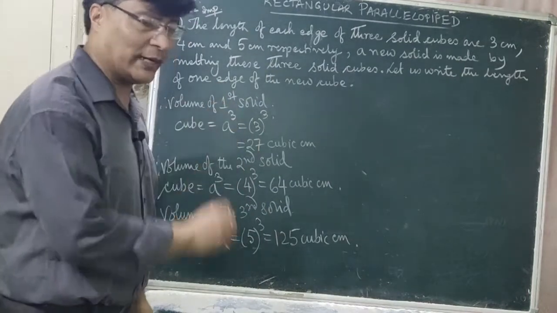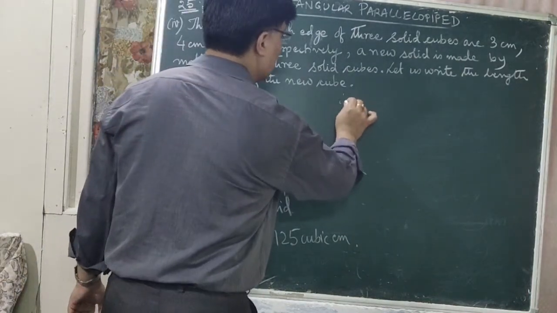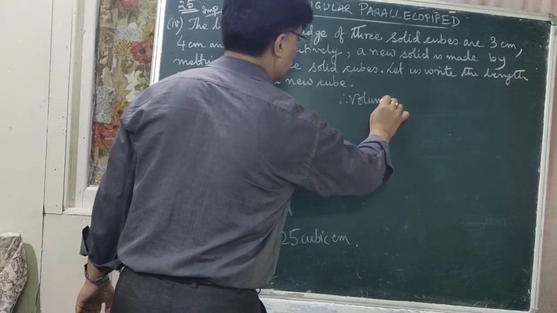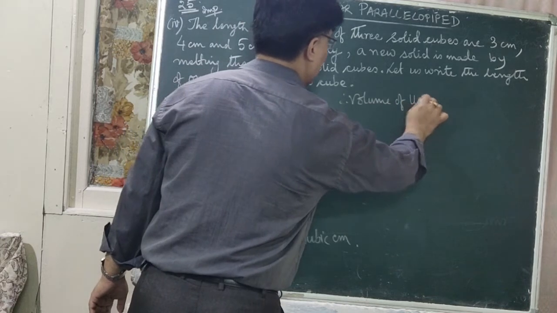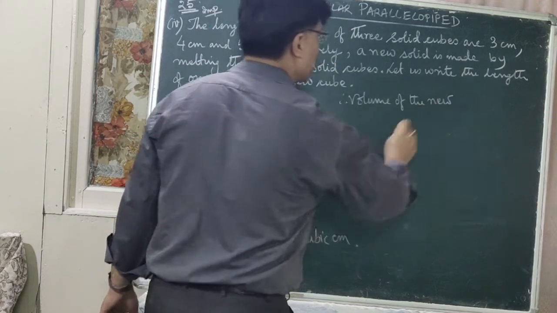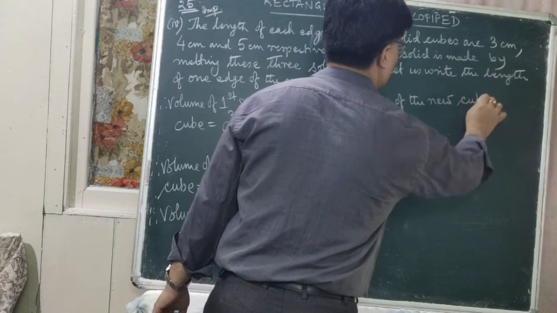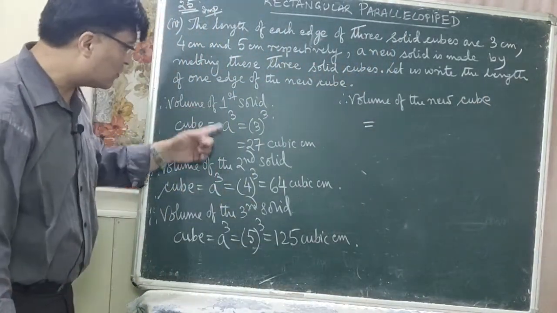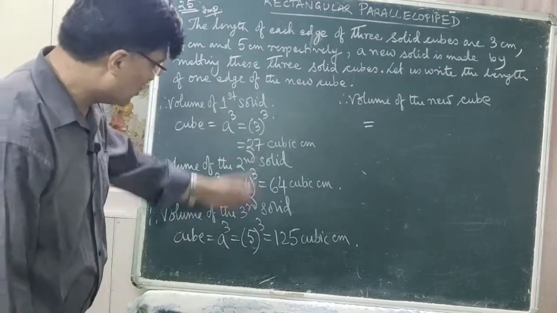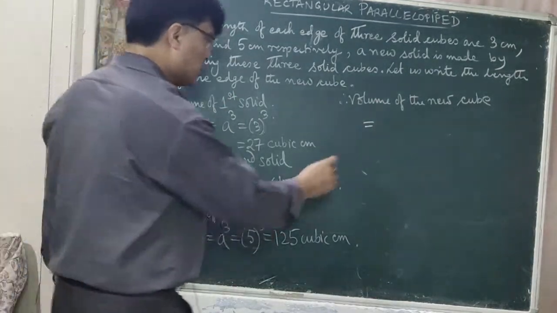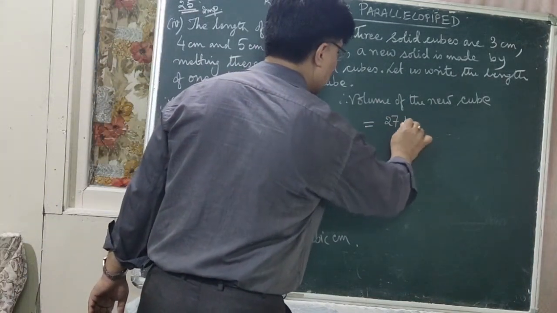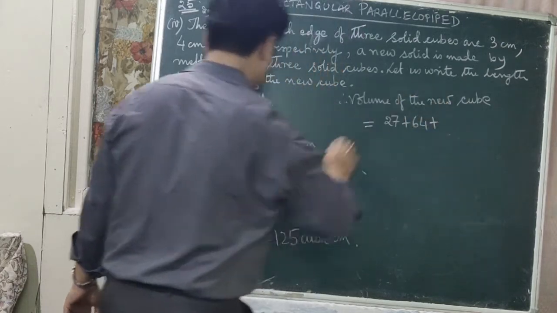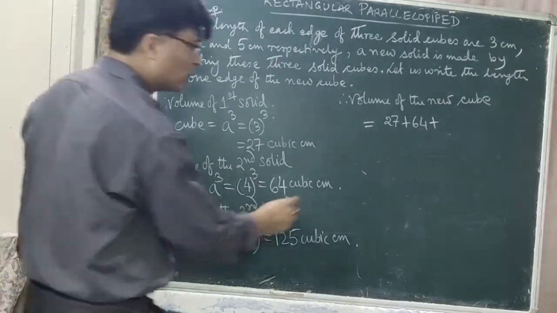Therefore volume of the new cube will be the total volume of these three solid cubes, isn't it? So you can add these volumes. So 27 plus 64 plus 125.